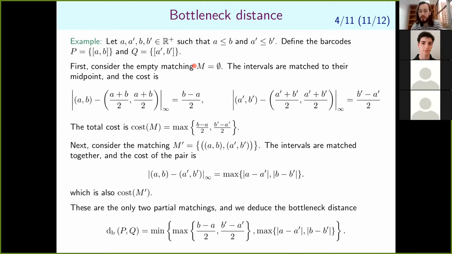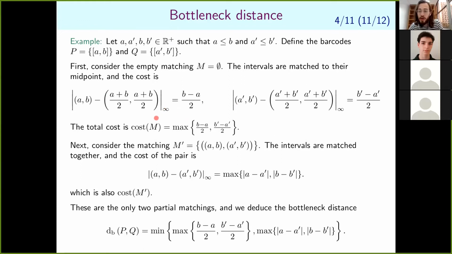Let's start with the empty matching. So the intervals are matched to their midpoint, right? And what is the distance of any interval to its midpoint in the sup norm? It is its half length, right?